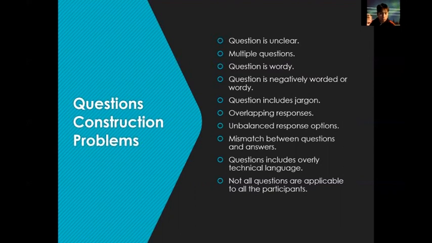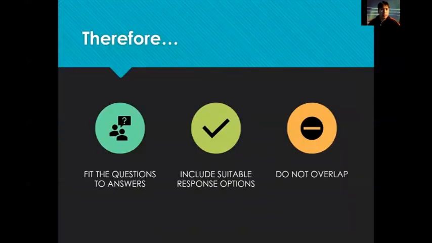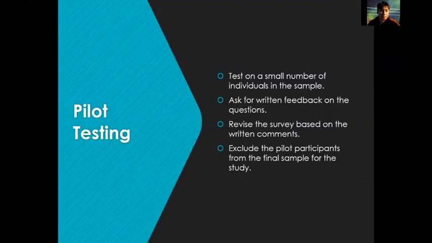In the construction of the questions, there might be some problems, for example, the question is unclear, there are multiple questions, or invalid response options. These are the problems that normally happen as we construct the questionnaire. Therefore, to avoid these problems, make sure that we fit the questions to answers, include suitable response options, and do not overlap either questions or answers.